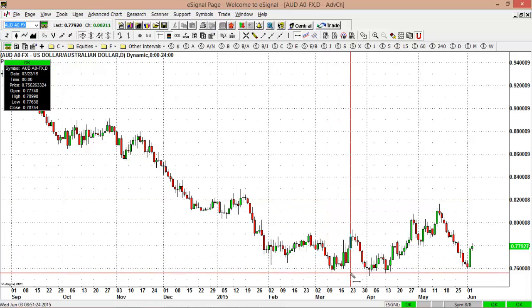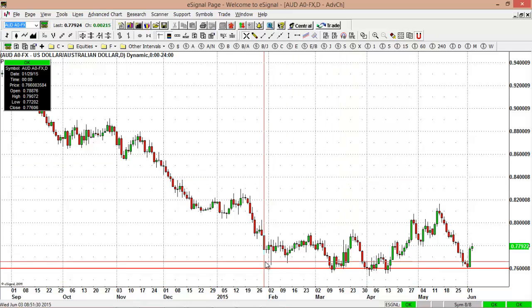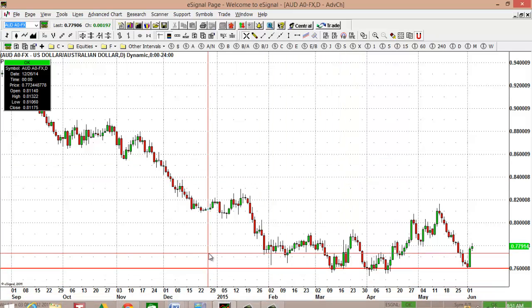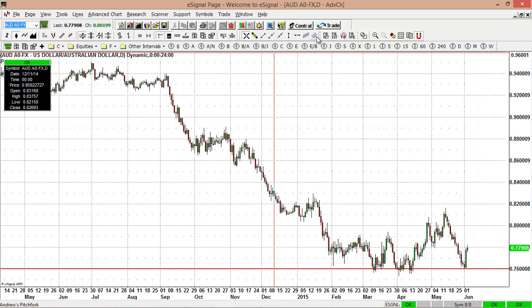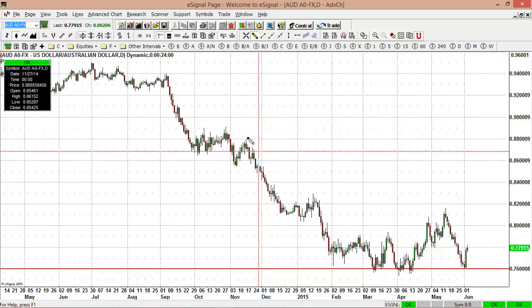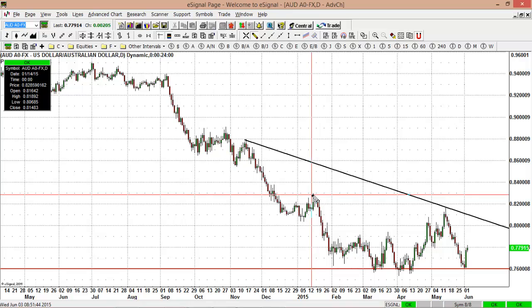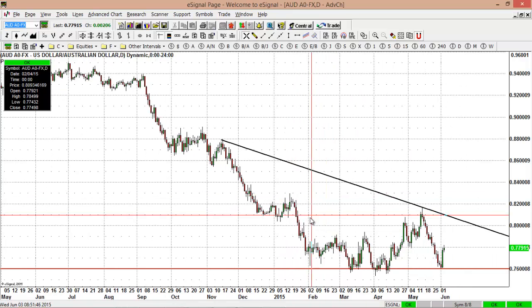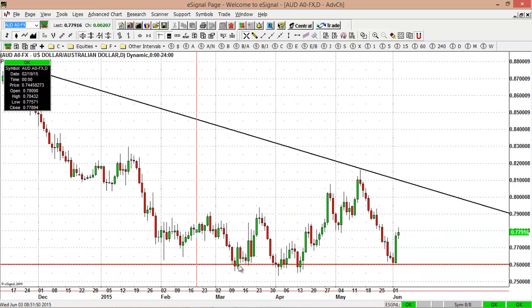And what you can see here, just draw a rough line through these areas of support, is that we could be entering another triangular consolidation pattern in the Australian dollar. So that's something we need to keep an eye out on, for these trend lines here coming to the downside.